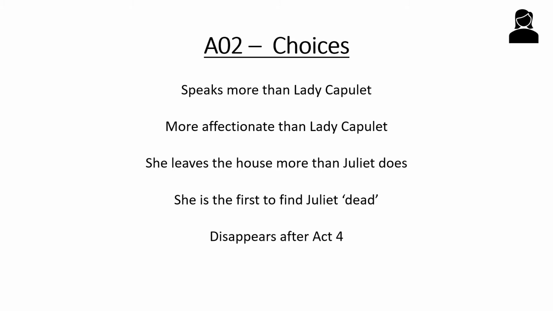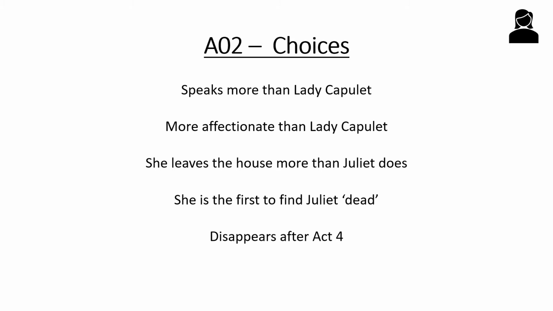So if you want to, pause the video now. If not, I'm going to talk you through some possible choices that we can talk about. Now, if we have a look at the first choice that we've got here, it's interesting that the nurse speaks more than Lady Capulet.